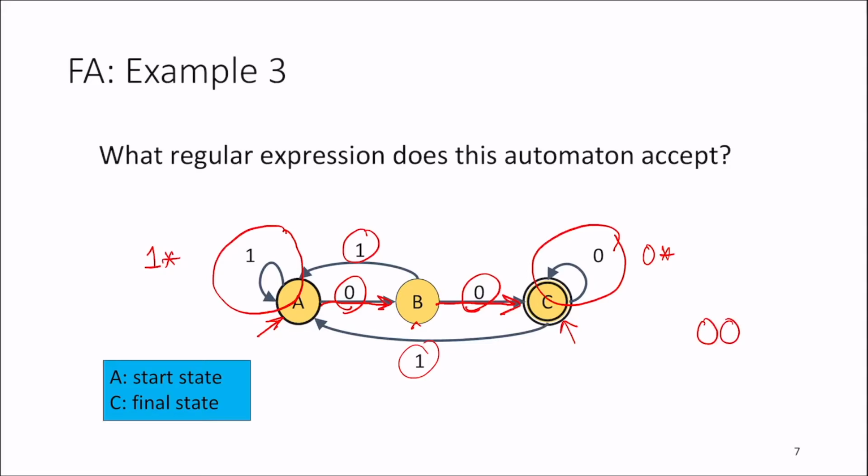So from the structure of this finite state machine, you can see that it's supposed to end in 2 zeros, and then you can have any number of ones or zeros as long as you end with 2 zeros at the end. So if I was to write down the regular expression for this finite state machine, it would be (1 or 0) star 0 0.